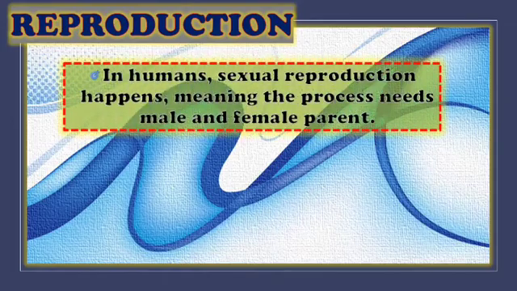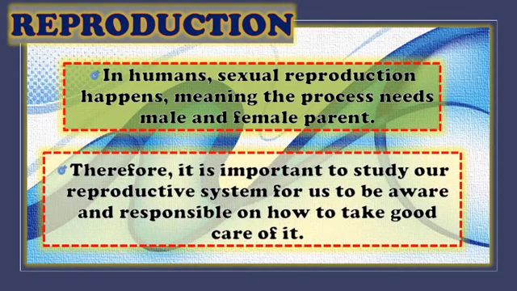So, reproduction in humans, sexual reproduction happens, meaning the process needs a male and a female parent. So, para mag-reproduce, kailangan ng one male and one female. Therefore, it is important to study our reproductive system for us to be aware and responsible on how to take good care of it.